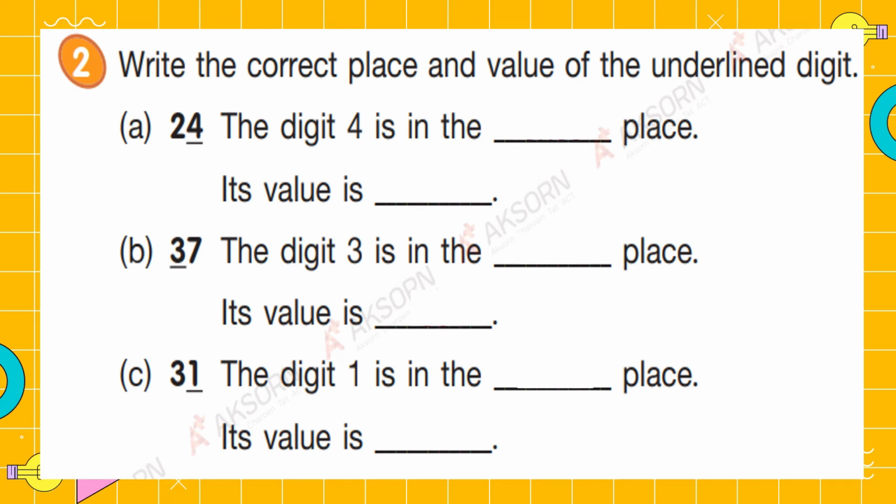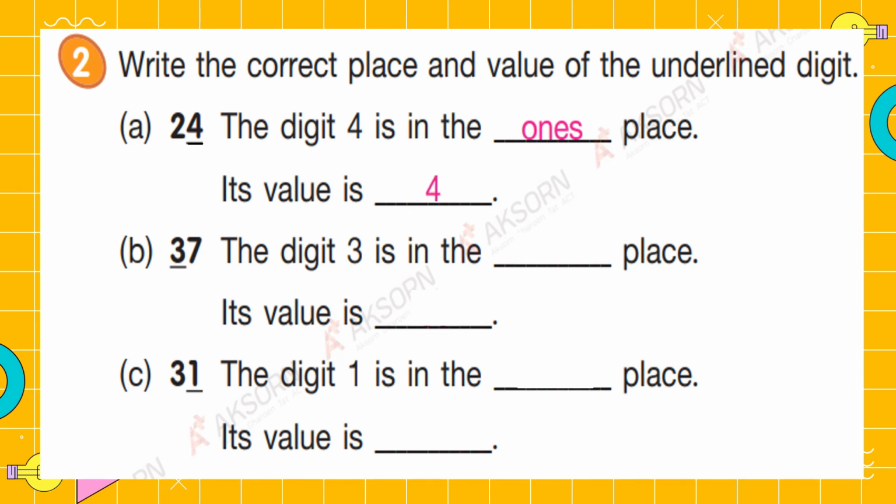The underlined digit is 4. The digit 4 is in the what place? Very good. It is in the ones place. Its value is, of course, 4 since it's in the ones place.